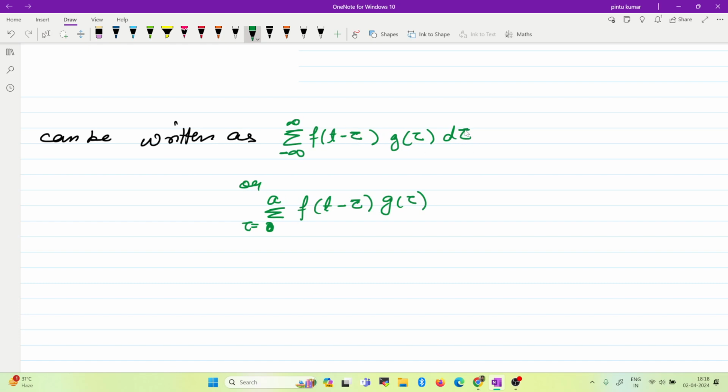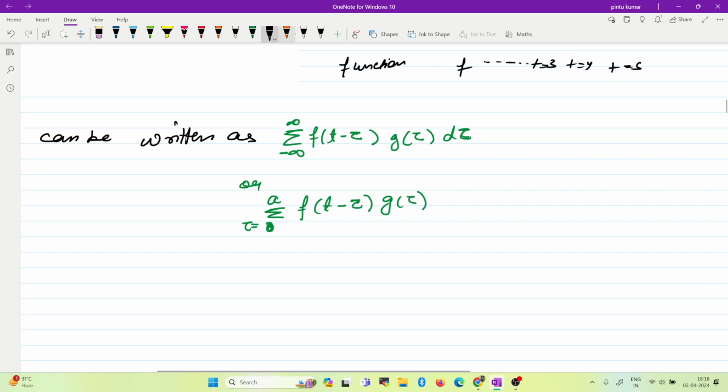What this is actually doing, you can see it in this way. Let's say you have some function values recorded at different time levels. For example, let's say you have recorded f at time t equal to 5, t equal to 4, t equal to 3, and so on.